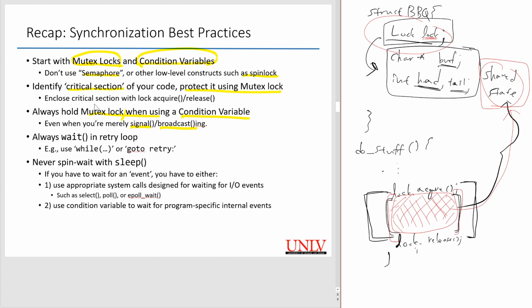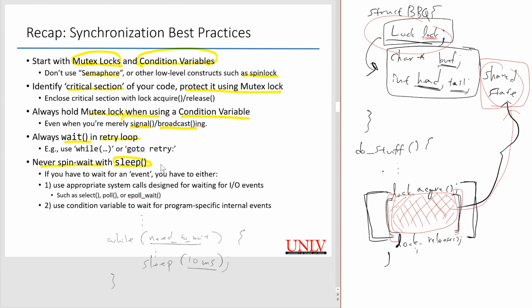Okay, always wait in a retry loop. Never spin wait with sleep. So what this means is, don't write code like this. Okay, so you have a while loop and some condition you need to wait for, and over here, instead of calling wait or some kind of blocking call, you write code something like this: sleep 10 milliseconds.